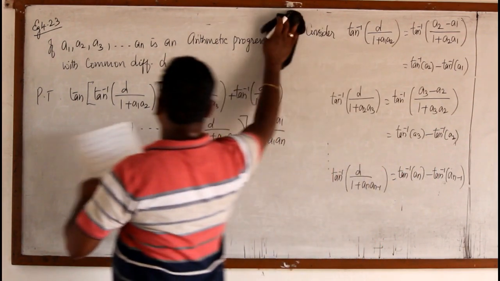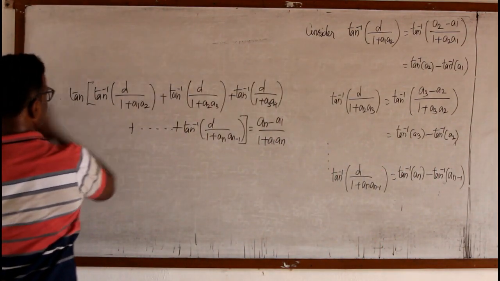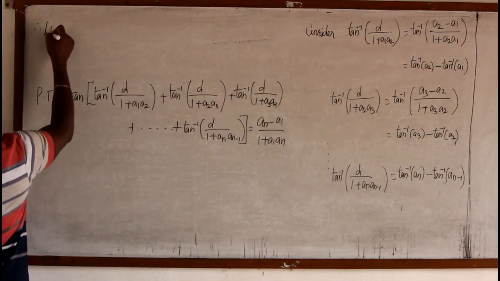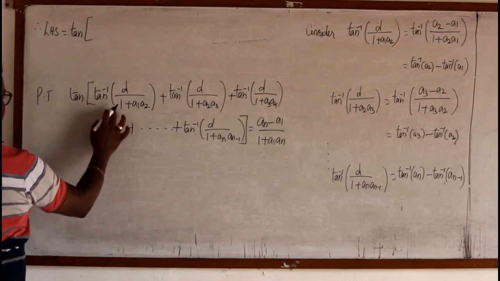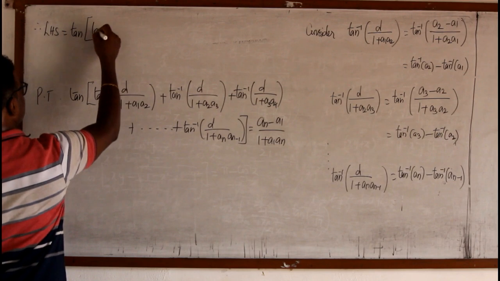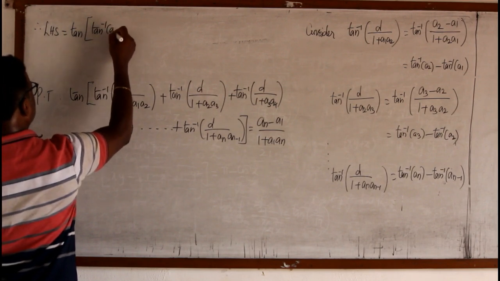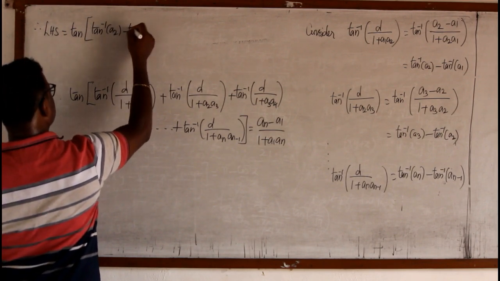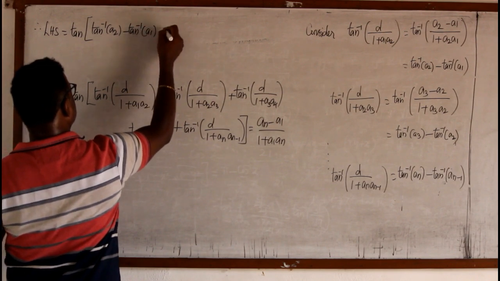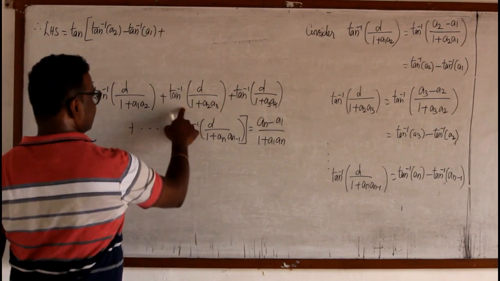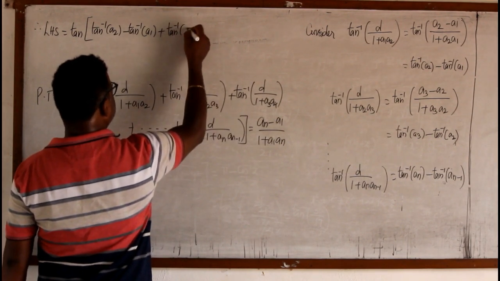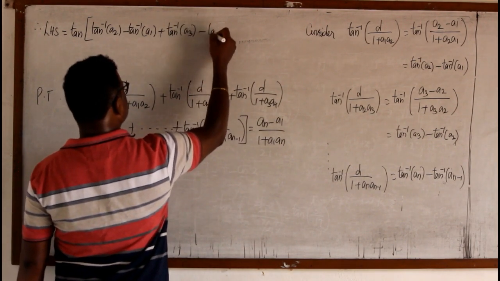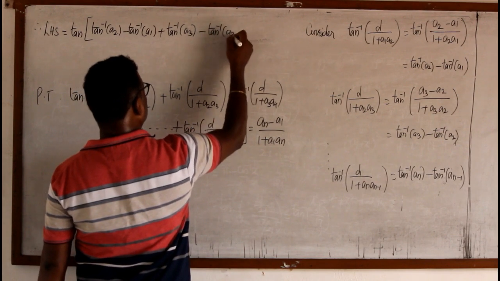Now we should go for the question. Therefore the left hand side becomes, instead of the first term, tan inverse of a2 minus tan inverse of a1, plus the second term, tan inverse of a3 minus tan inverse of a2.